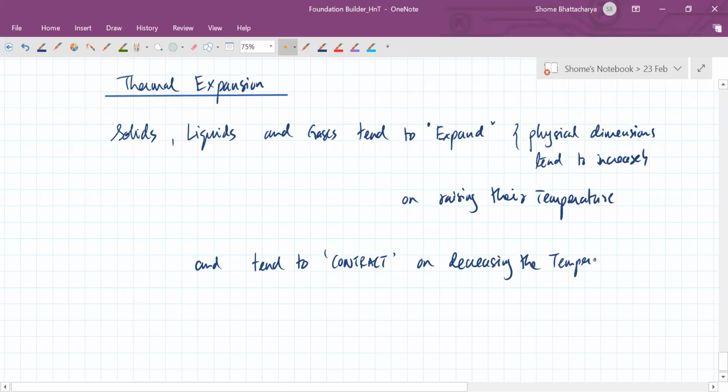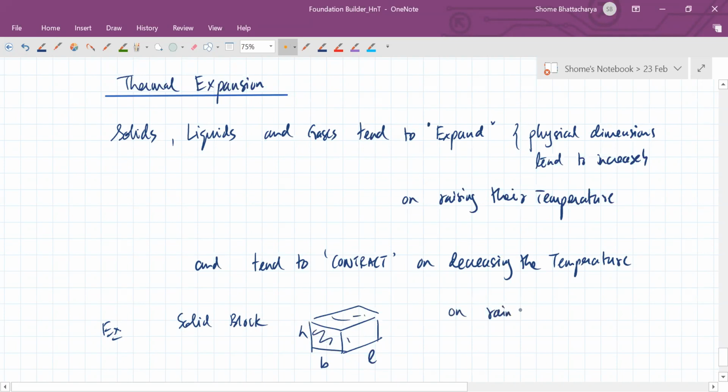So this is an experimental observation, you can say. Now what we mean by physical dimensions is that, for example, if we have a solid block, it has dimensions: length, width, and height. On raising the temperature, length, width, height, all of these will increase.